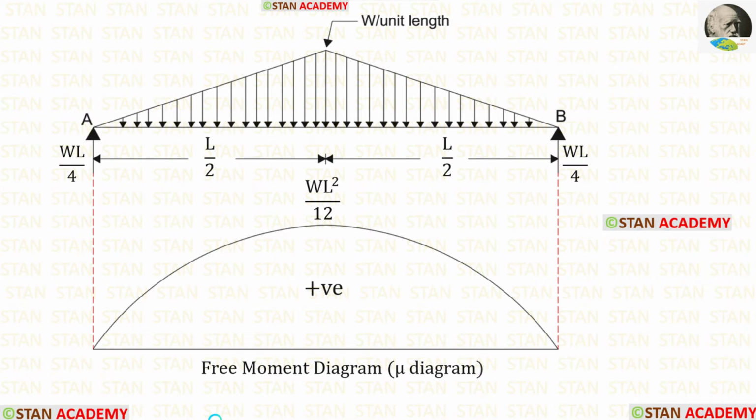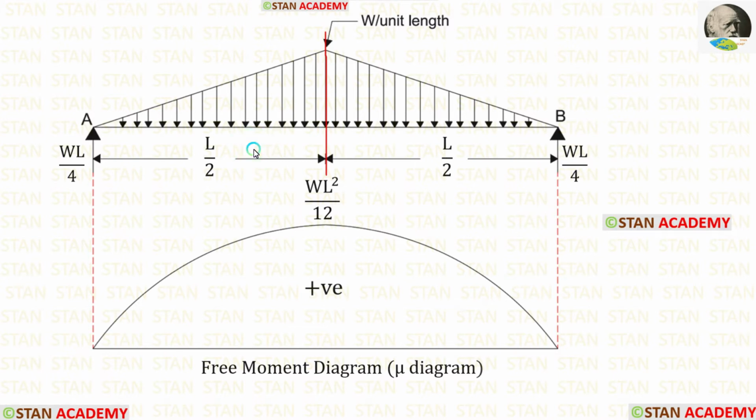Now we have to find the area of this free moment diagram. It is very difficult to find out the area because this is a third degree parabola. In this case, we have to make integrations and find out the area. To make the integration, we have to split the beam into two parts, one on the left and one on the right.